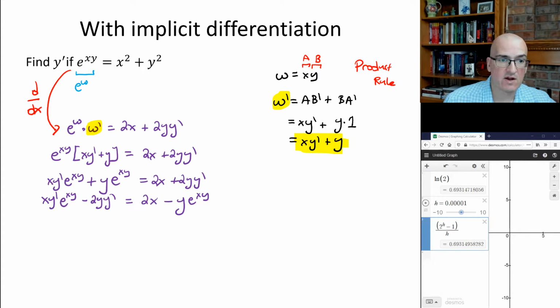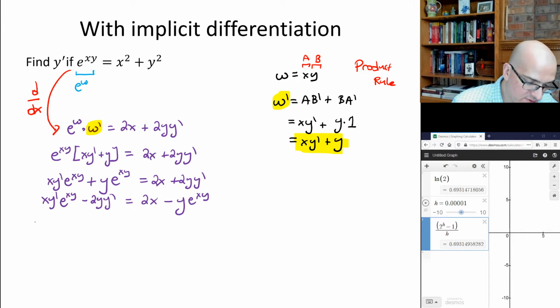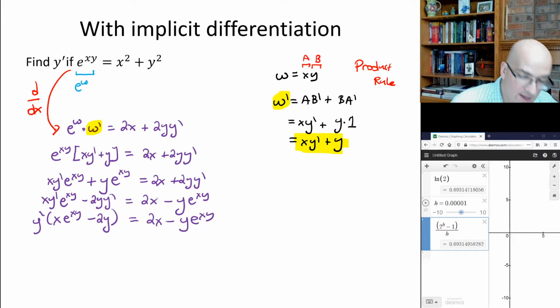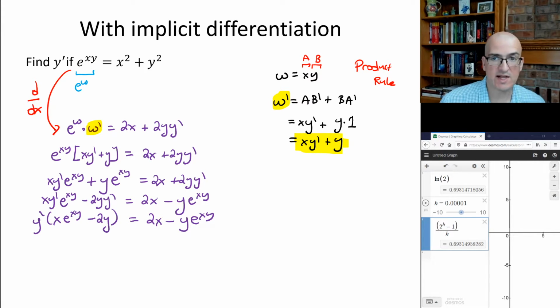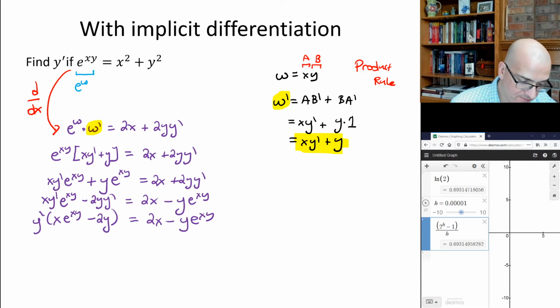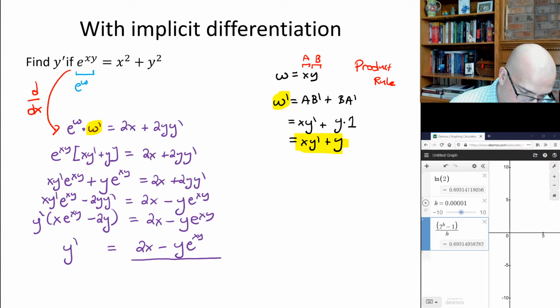Now on the left-hand side, I can common factor y prime out. y prime times x e to the xy minus 2y equals 2x minus y e to the xy. And now we're almost done. We just have to divide both sides by that bracket that's multiplied by y prime. So y prime equals 2x minus y times e to the power of xy divided by x times e to the power of xy minus 2y.